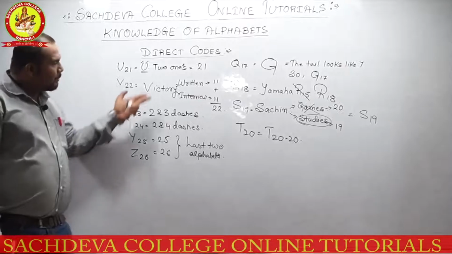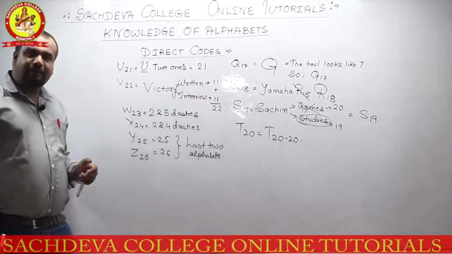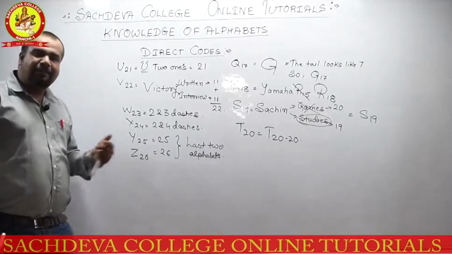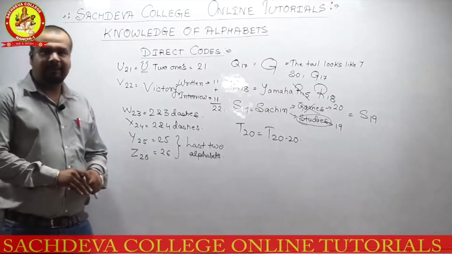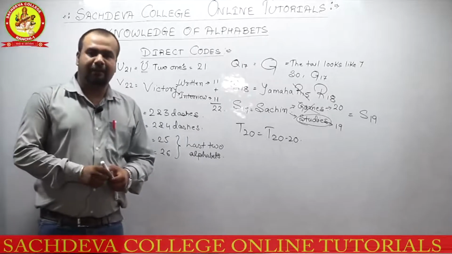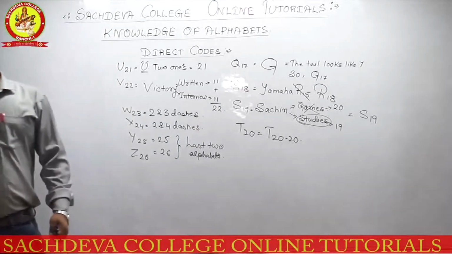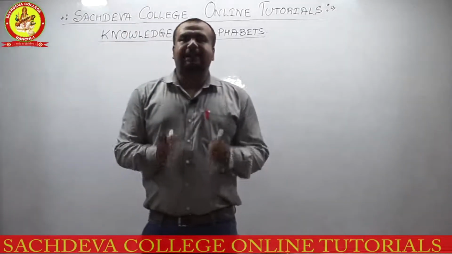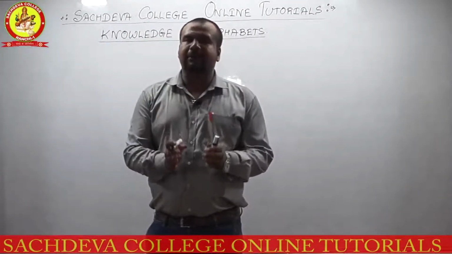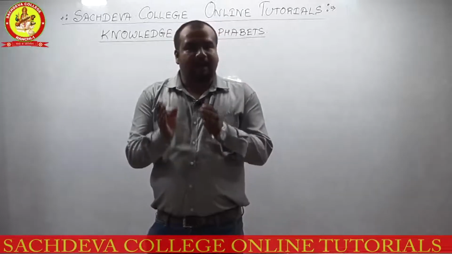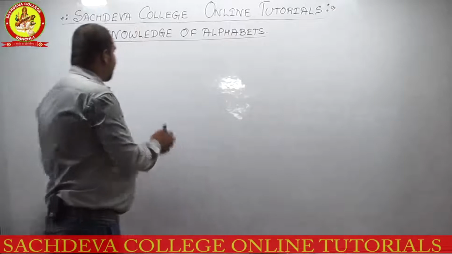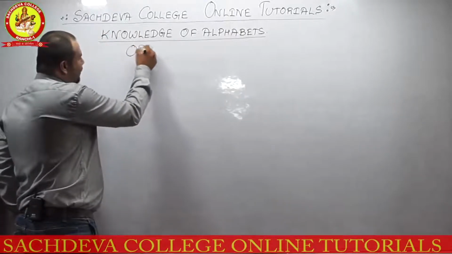Now, as soon as you remember the place values of alphabets, the next thing you have to remember is the opposite values of alphabets. Okay, so let's begin with the opposite letter codes of alphabets.